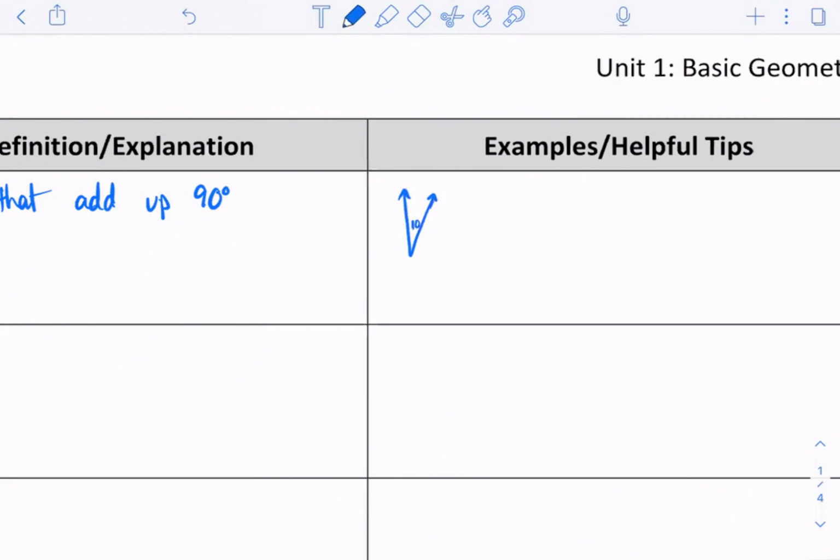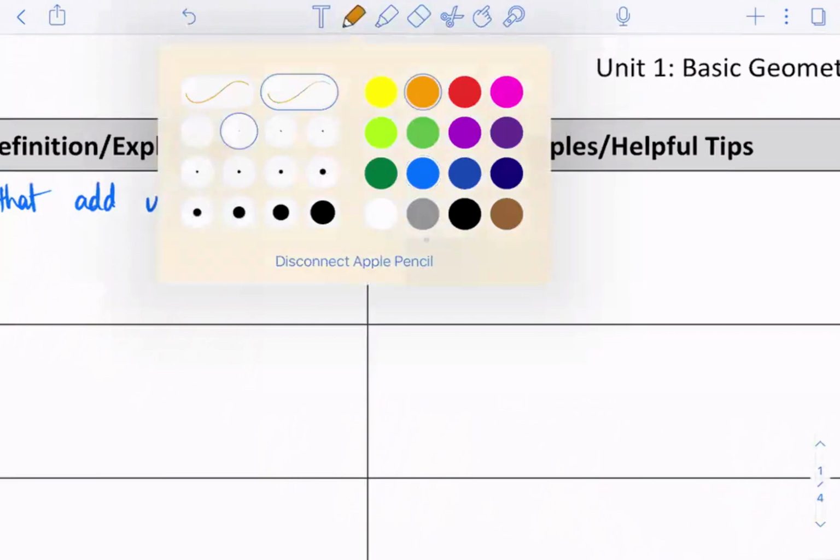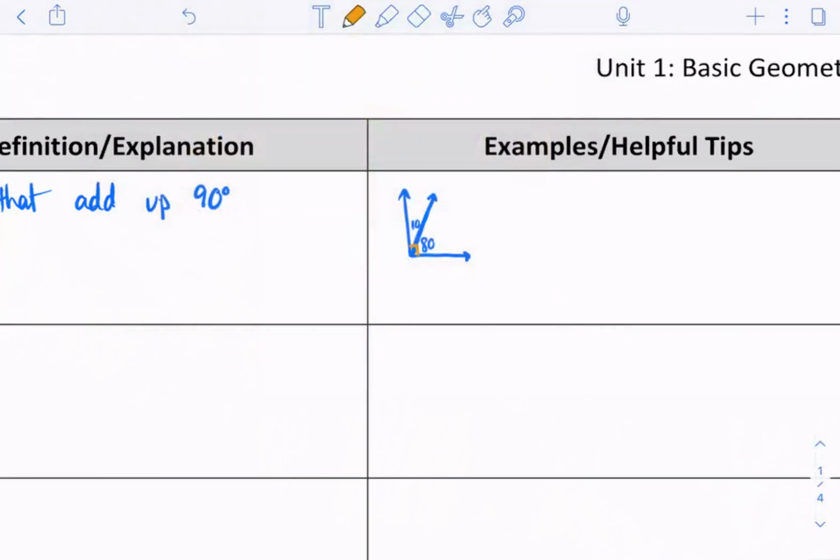And then right next to it, if you remember that word adjacent, I have an angle that's 80 degrees. If you notice, these two angles together made a right angle, because 10 plus 80 equals 90. Therefore, 10 and 80 are complements. They are complementary angles because they add up to 90.